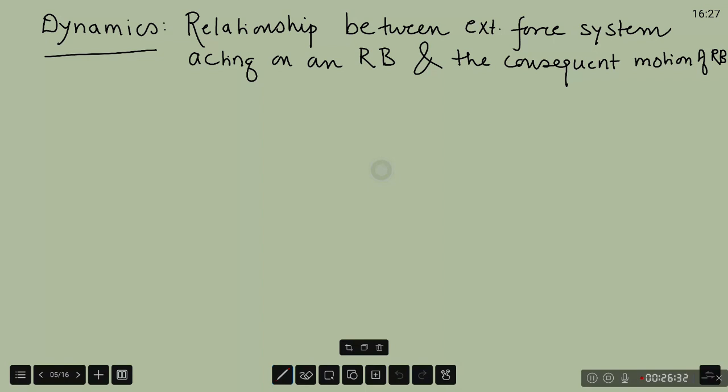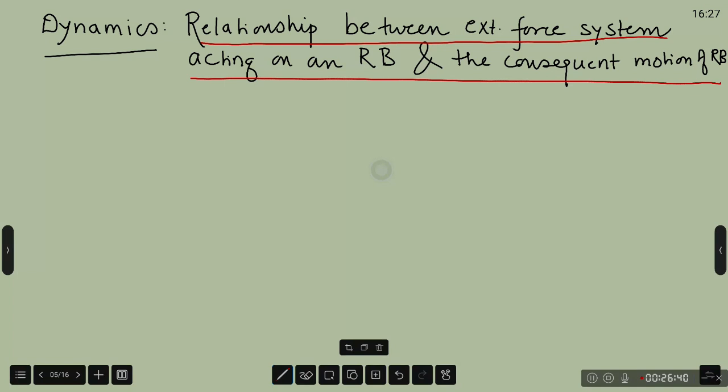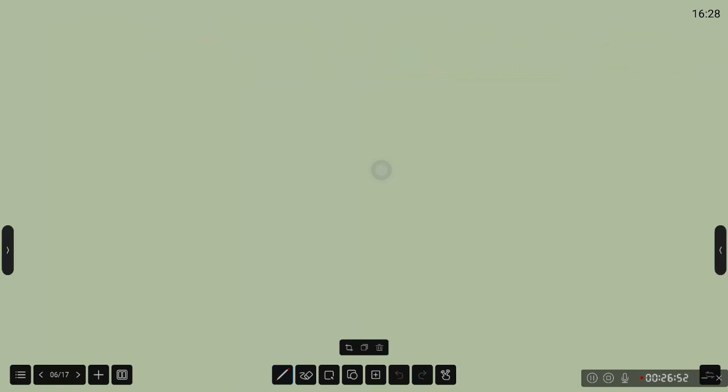Don't have any question, I would like to move ahead. What is the next topic? The next topic is the relationship between external force system acting on an RB and the consequent motion of an RB. That is what we want to address.